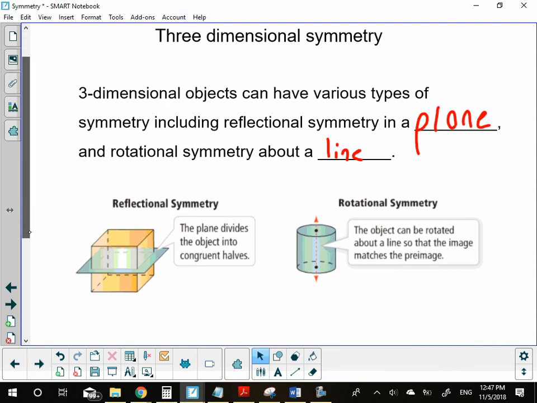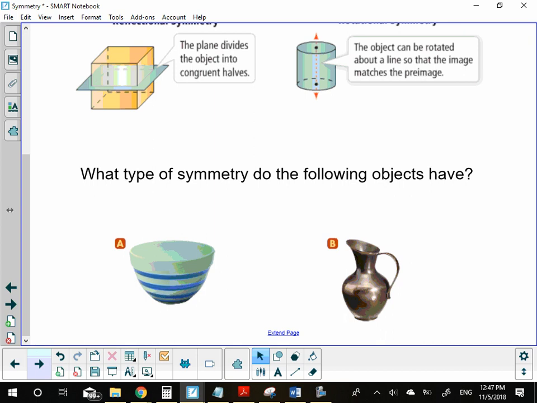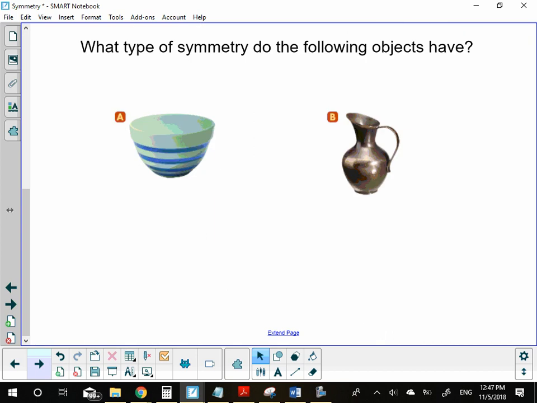So if we look at a couple of different objects that might be a little more difficult to look at. Does this also have any kind of symmetry? Reflectional? What kind of reflectional? Where would I draw a plane?